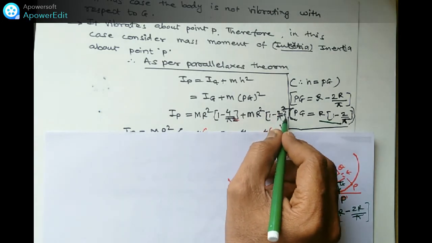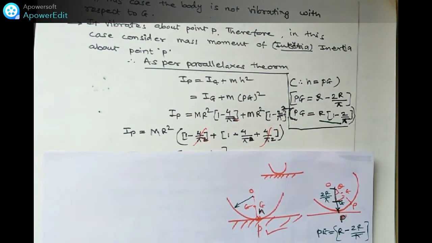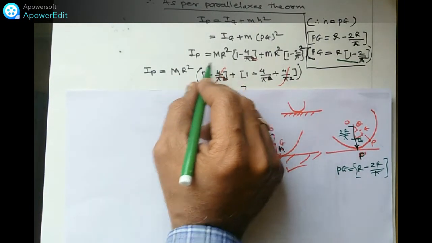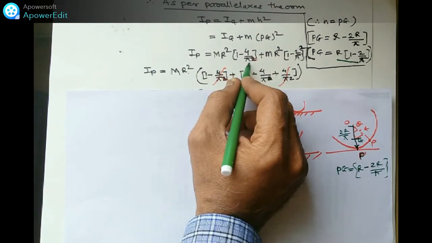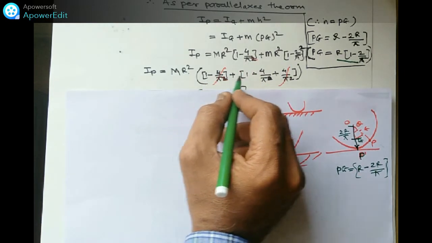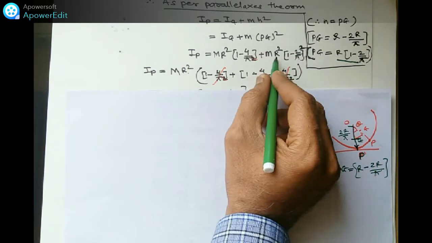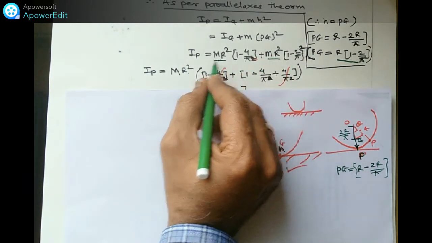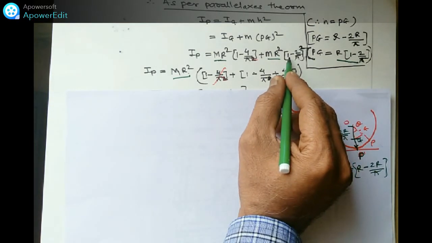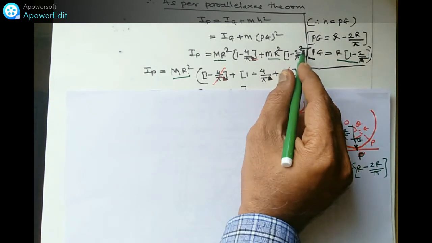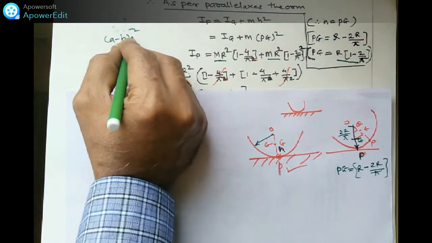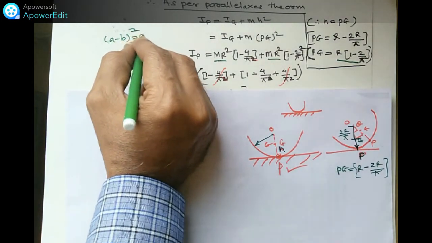Solving this equation, Ip is equal to mr 1 minus 4 by pi square, plus mr, taking the constant outside. What is the remaining here? This is A minus B, its square. What is the solution for this one? A square minus twice AB plus B square.